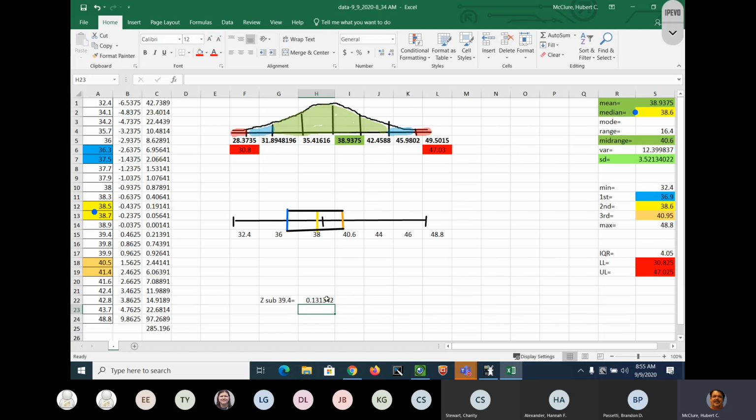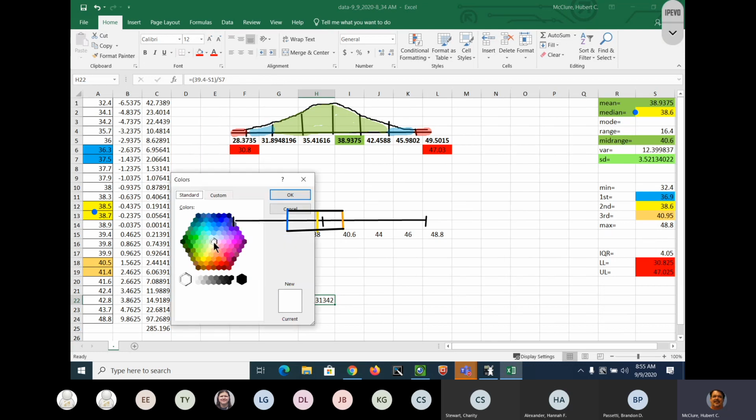0.13. Let's color this. Sounds like a song. Let's color this purple. Okay, it sounds like a song. Dang old Prince. Let's color it some kind of purple color. Lavender, lavender. I bet I don't have a lavender pen.